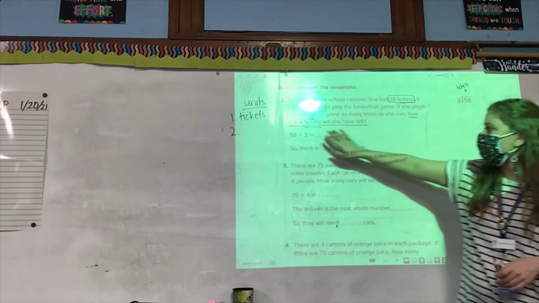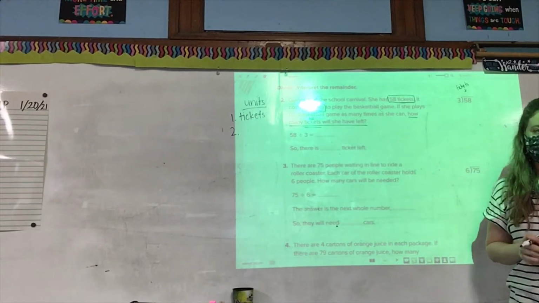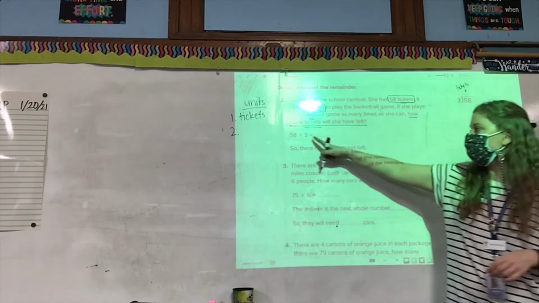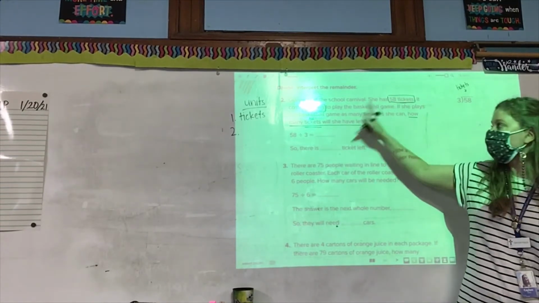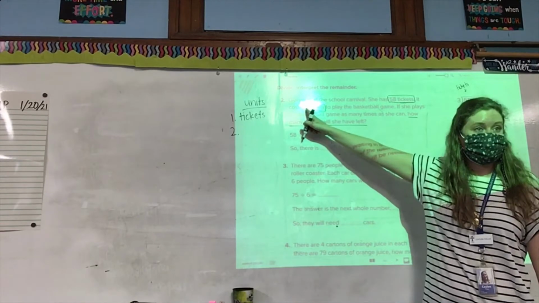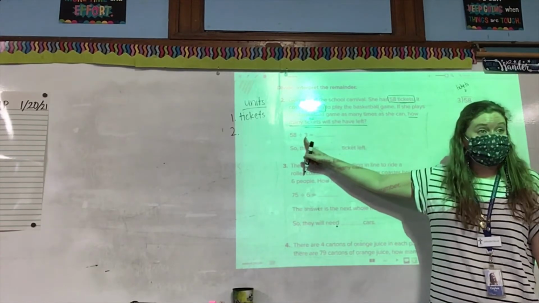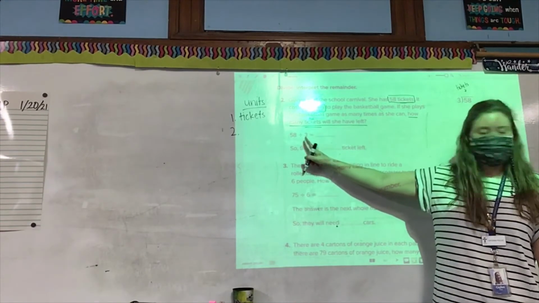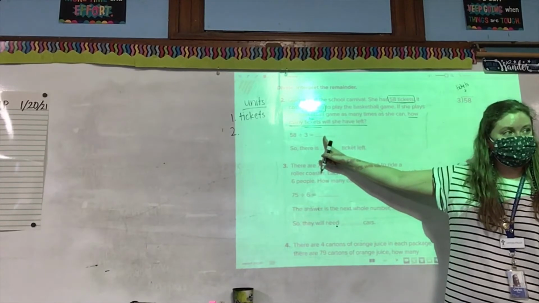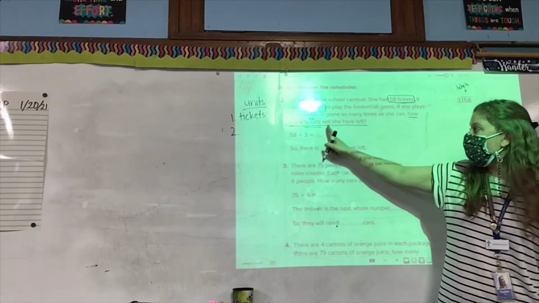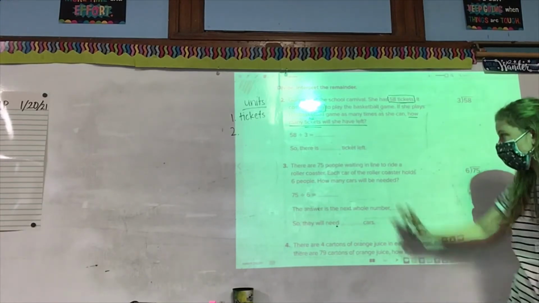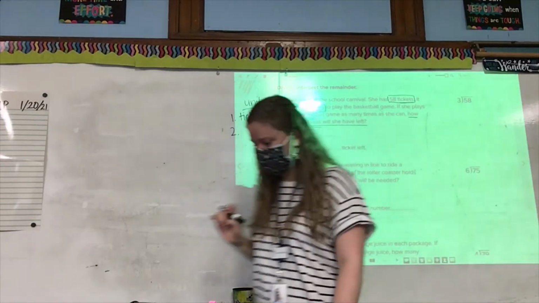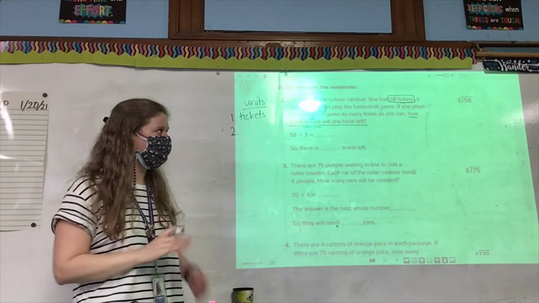This says how many tickets will she have left? 58 divided by 3, 58 tickets, the total number of tickets she starts with, divided by 3 tickets, the number of tickets in each group, will not tell us how many tickets she has left. So how many tickets she has left will be the remainder.